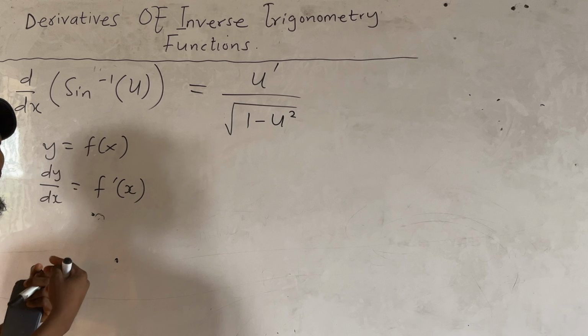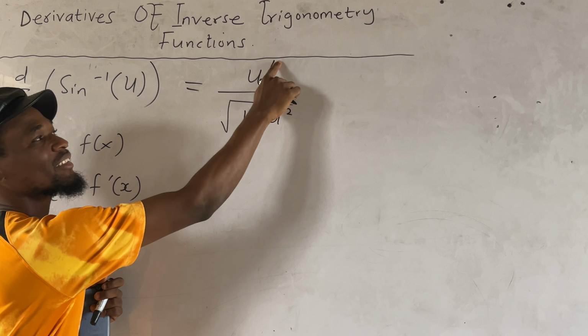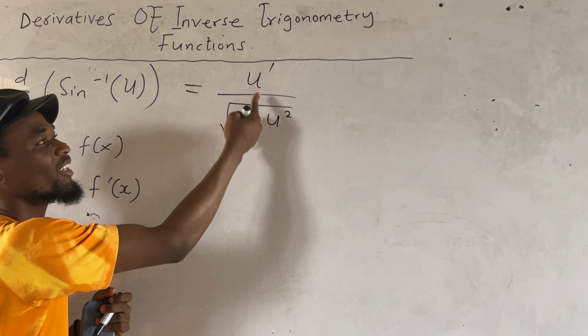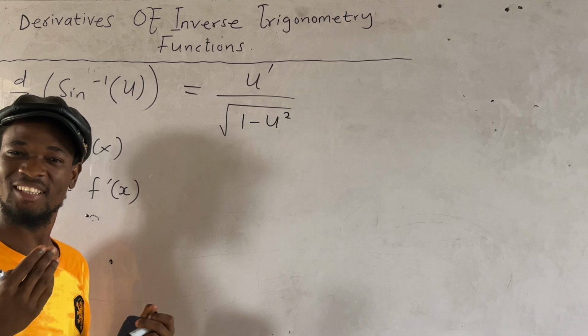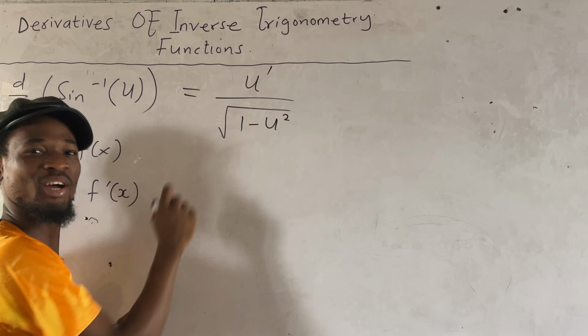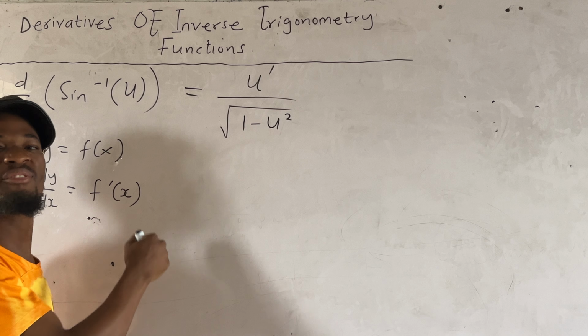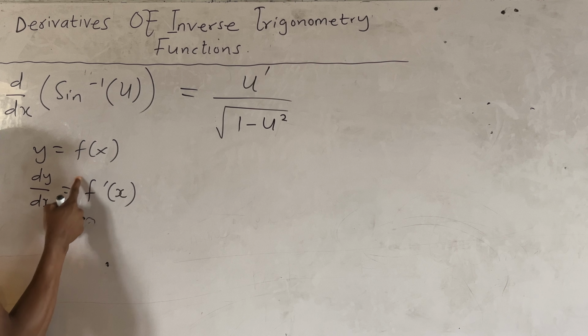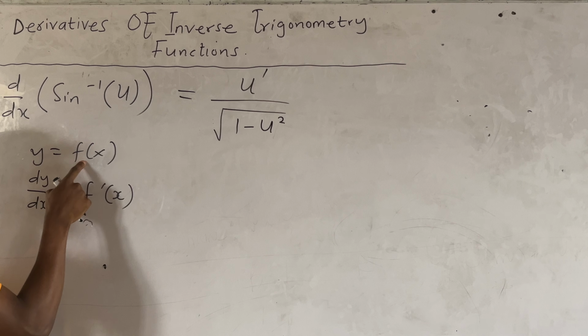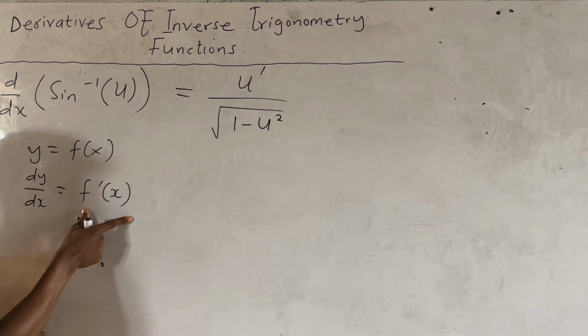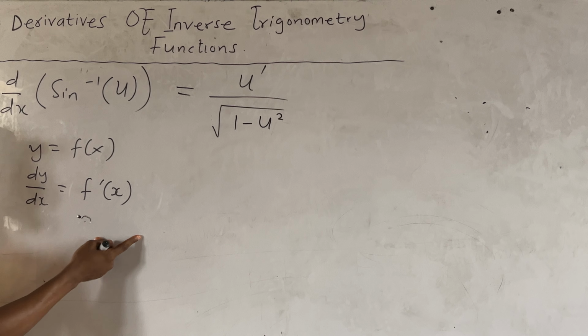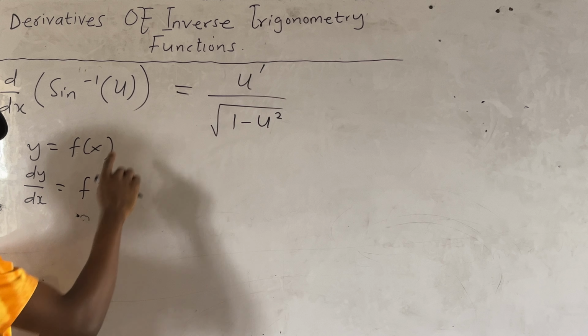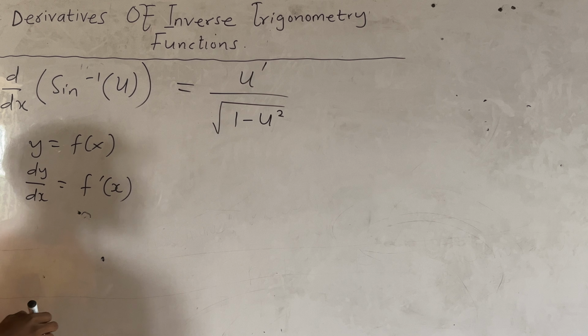You would be wondering, what does this prime mean? Someone would say u complement. That isn't the case. It is not a complement. It means differential. We are taking the derivative, so when you take the derivative of the function, it becomes f prime of x. Do you get it that way? So that is simply the meaning of u prime.